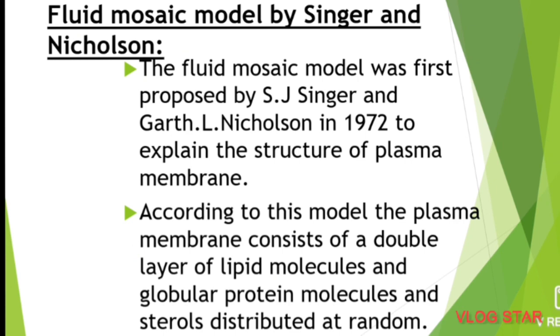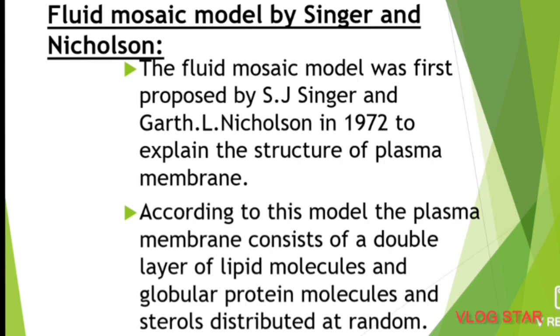The fluid mosaic model was first proposed by S.J. Singer and Garth L. Nicholson in 1972 to explain the structure of plasma membrane. According to this model, the plasma membrane consists of a double layer of lipid molecules and globular protein molecules and steroids distributed at random.